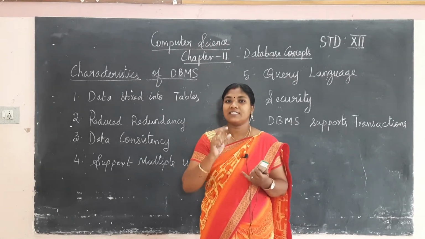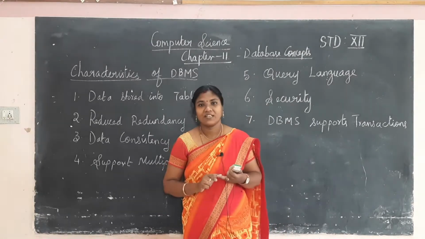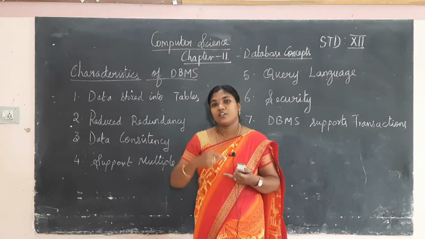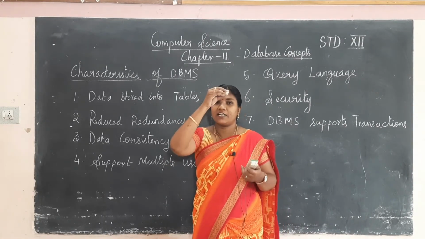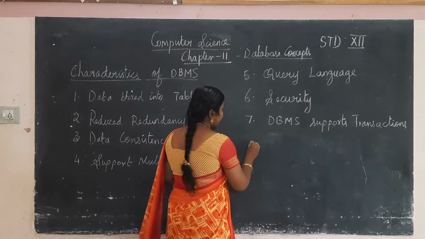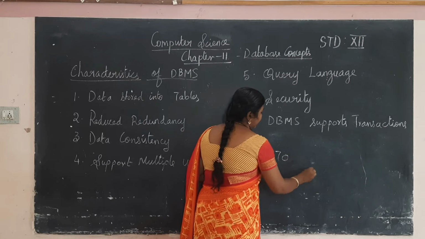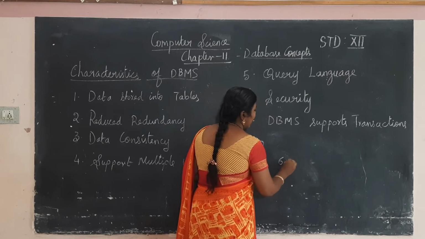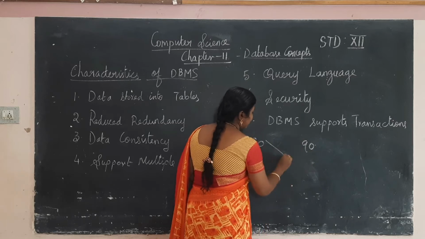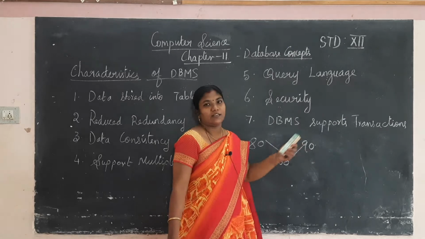Suppose in 10th standard you got 80% and in 12th standard you got 60%. Then when you go to BSc you got 70%. Then there is the graph: here 80, here 70 and then here 60, or sometimes here 60 and here 90. So the graph goes down and then it goes up.